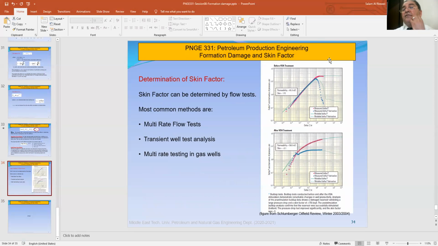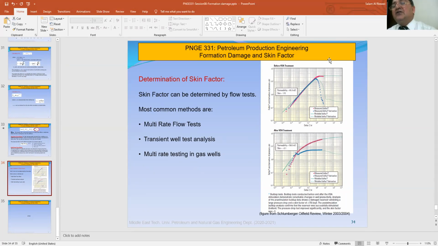Now, okay, good. We know how to calculate S sub D, S sub C, S sub theta, S sub P. We know how to calculate rate dependent skin factor. We know how to calculate the total skin factor. This would be fine. Okay, we can do it.